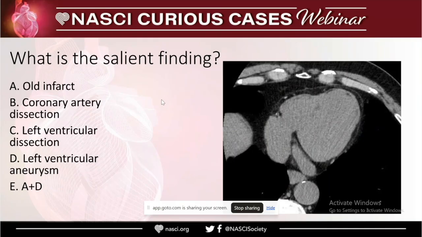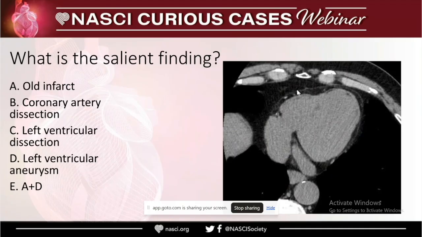I'm gonna give you another second. Okay, so I don't know if you noticed, but if you look carefully at the left ventricle, you will notice that it looks a little bit weird. And what do I mean by a little bit weird?